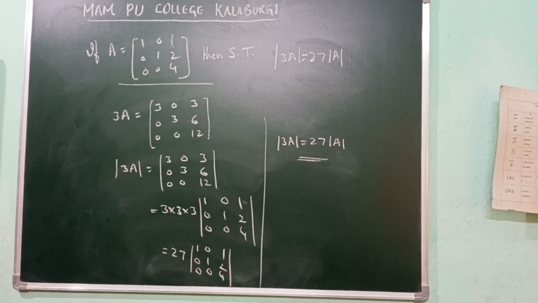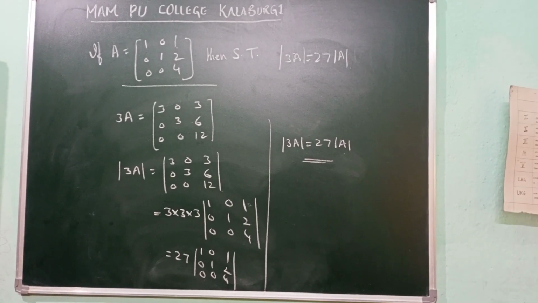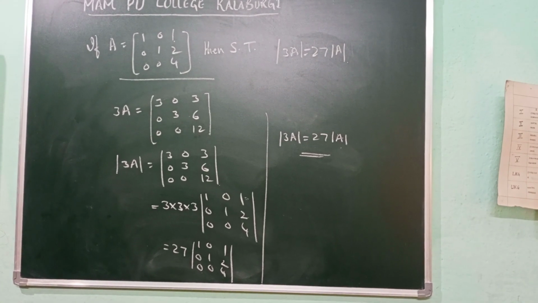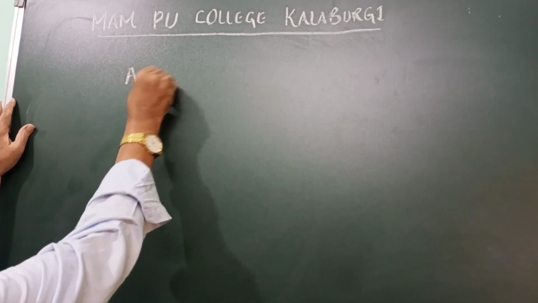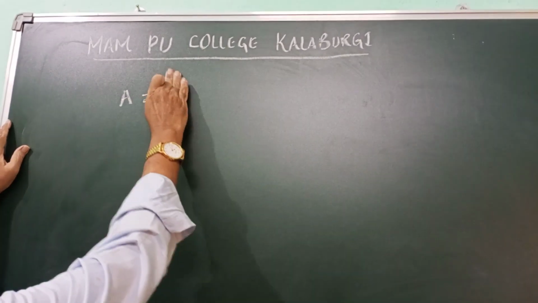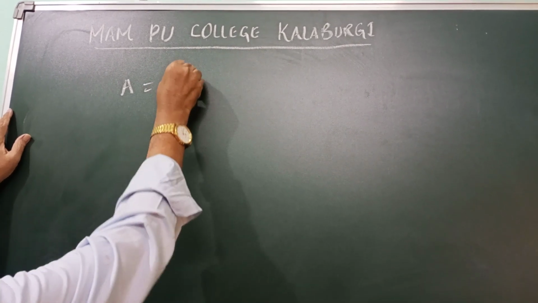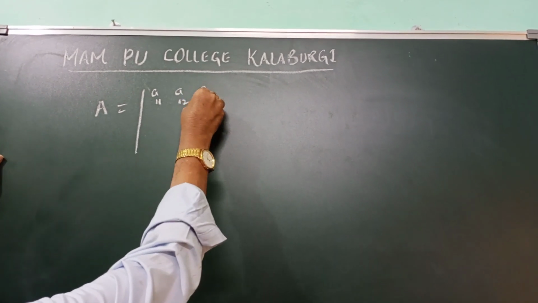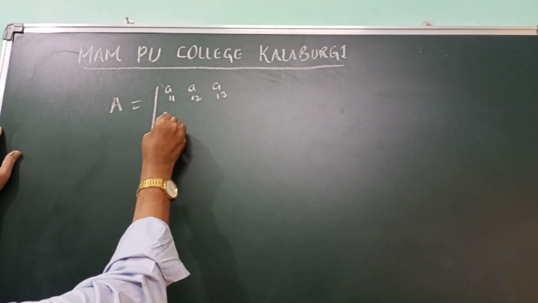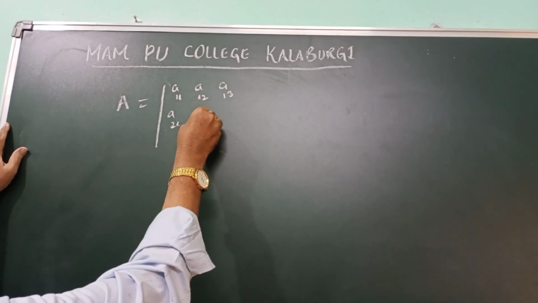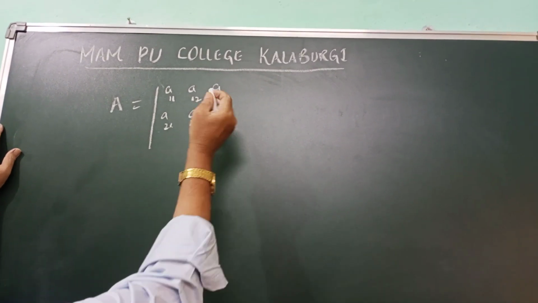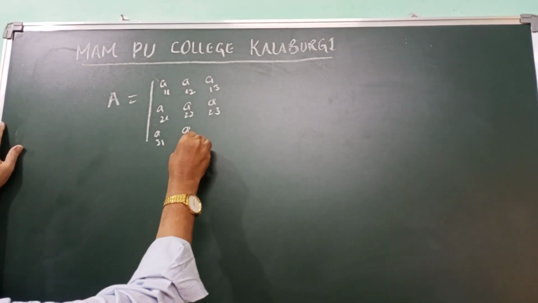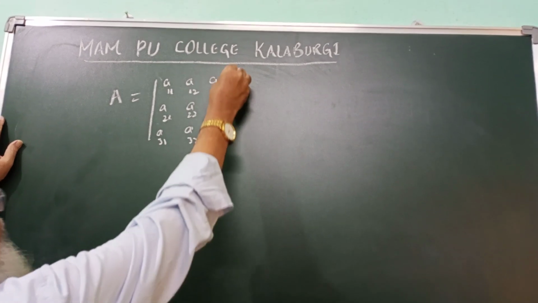Now our discussion is to expand the third order determinant. Consider a third order determinant. It is like this: first row first column, first row second column, first row third column; second row first column, second row second column, second row third column; third row first column, third row second column, third row third column.